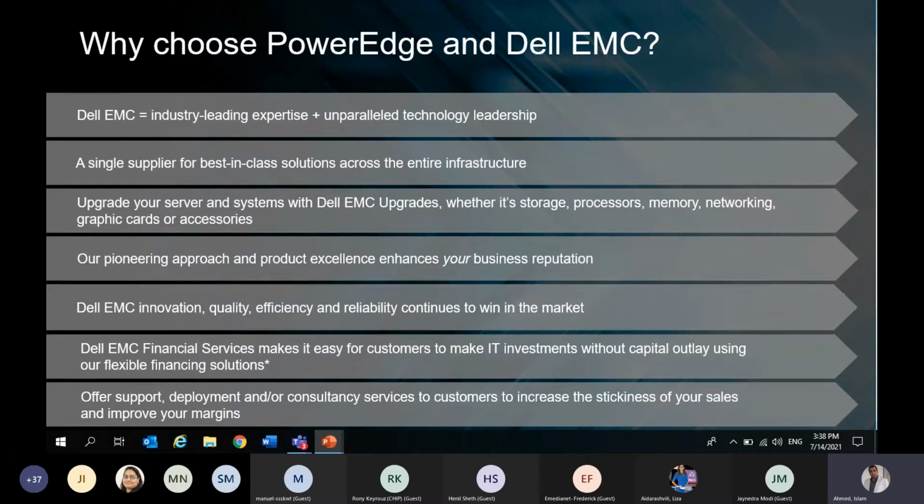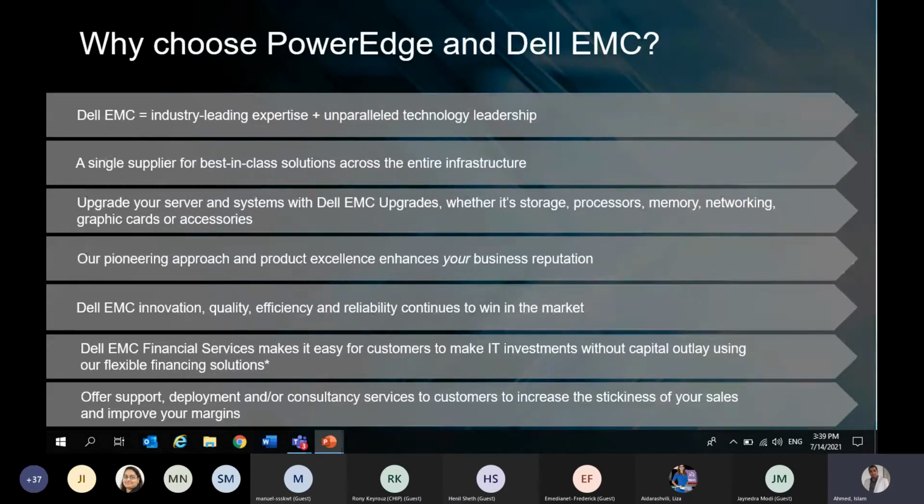You can upgrade your server and system with Dell EMC upgrades, so you don't have to throw away the old servers you have. Whether it's storage or processor or memory, you can upgrade it with Dell EMC upgrades. That's the pioneer approach and product excellence, enhancing the business reputation.